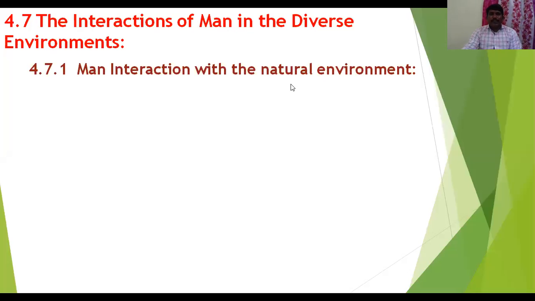Man's interaction with the natural environment. In the natural environment, the non-living components influence humankind in different ways, prominent among which are the following. The components of climate, such as sunlight, rainfall, temperature, and humidity, among others, benefit humankind in different ways.